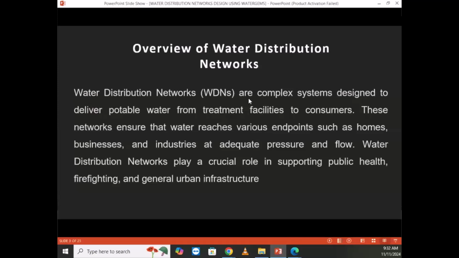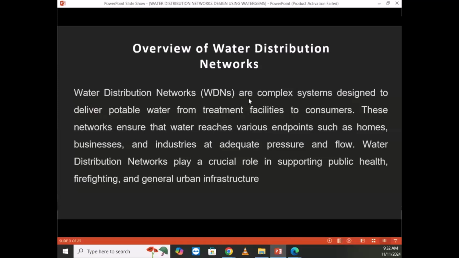There are some definitions that also say the network starts from the source, because when we say that the water is coming from treatment facilities, we are omitting the source of the water. There are some sources which are not treated, but those sources are also included in a water distribution network.